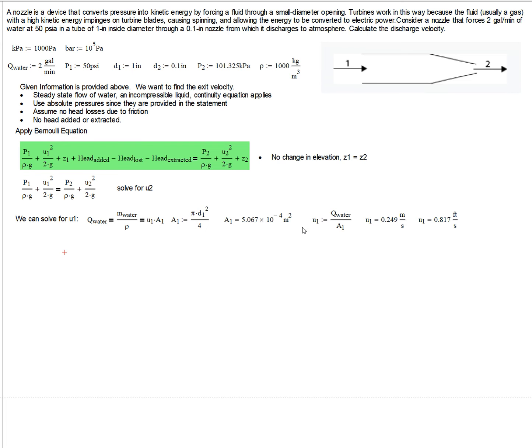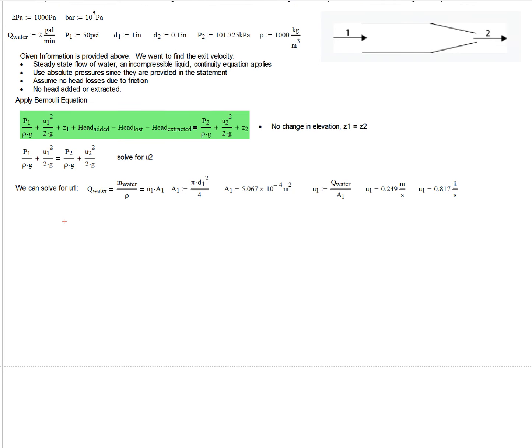And so we can go through those calculations and solve for the linear velocity. Once we do that, we can rearrange this equation. We now know what U1 is, and so our only unknown is U2.